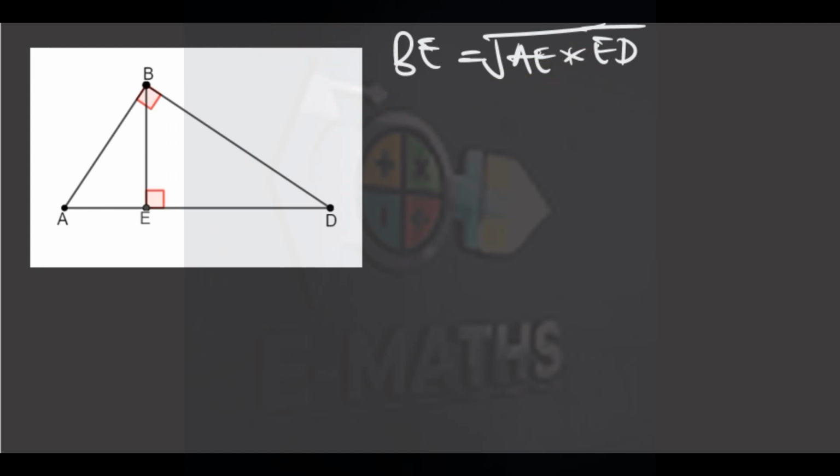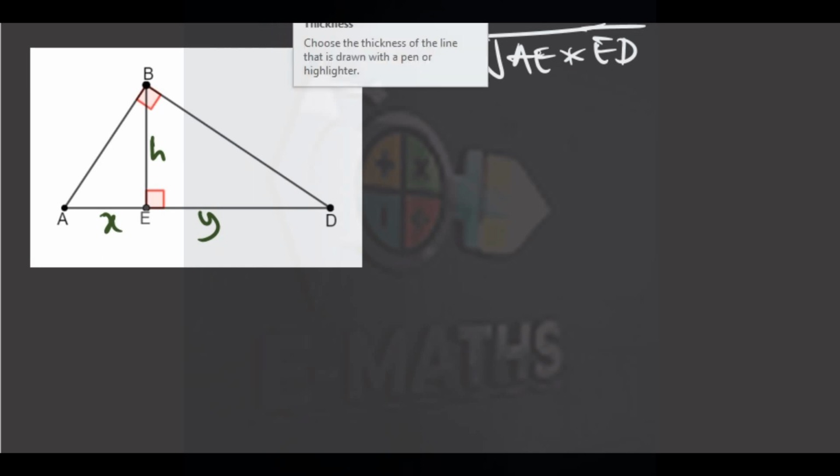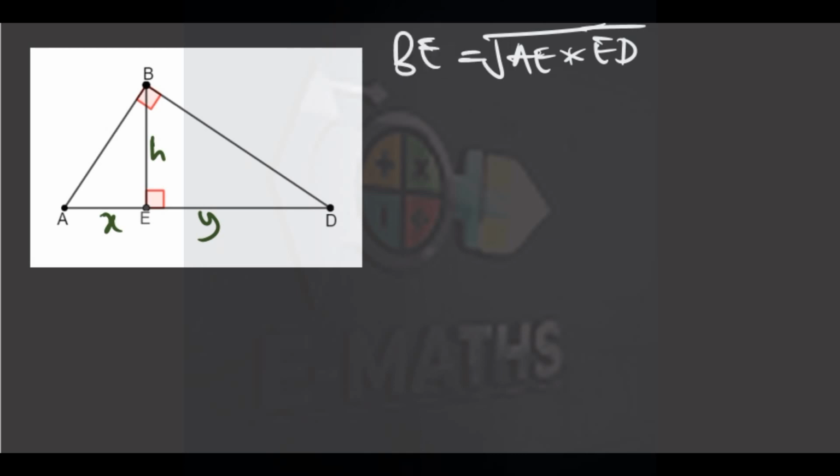So let's call these X and Y, and this is H. I'm going to prove that H is equal to the square root of X times Y. The idea here is similar triangles, because this is called the geometric mean of a triangle. It has 3 formulas.